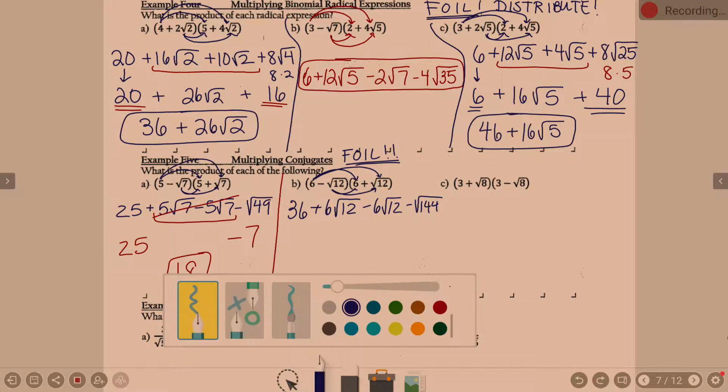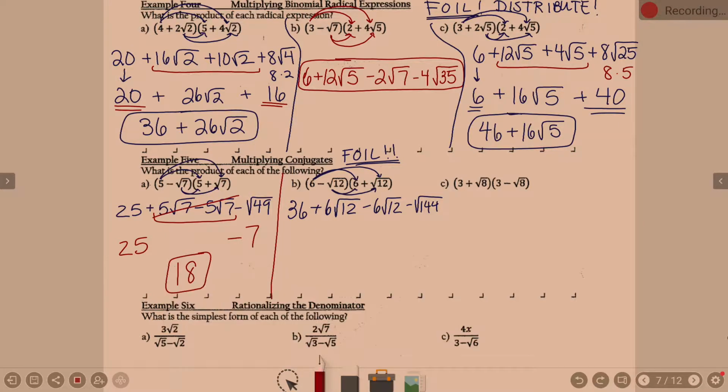Did we have similar pieces happen this time? 6 square root of 12 minus 6 square root of 12 will cancel. I still have 36, and we already talked about minus the square root of 144 is minus 12. 36 minus 12 is 24.